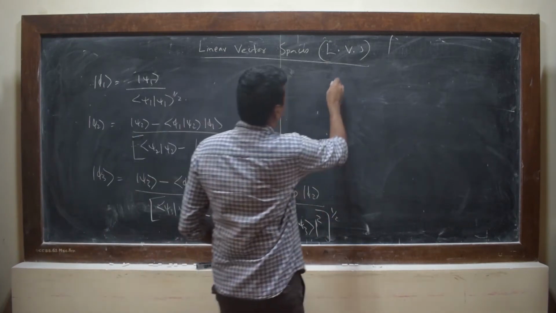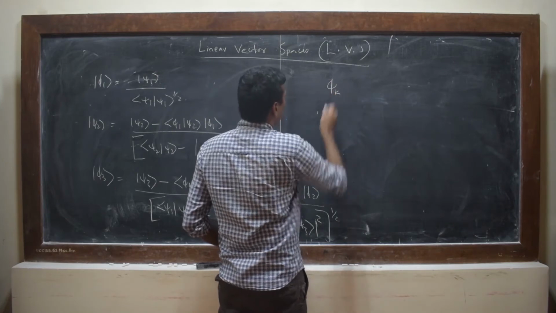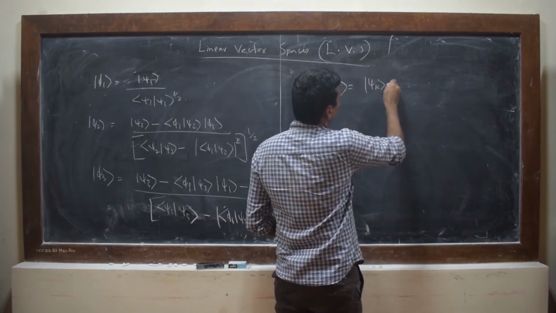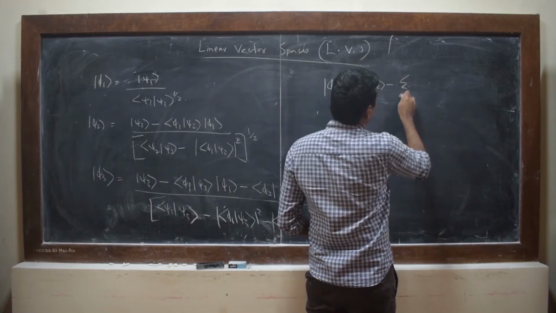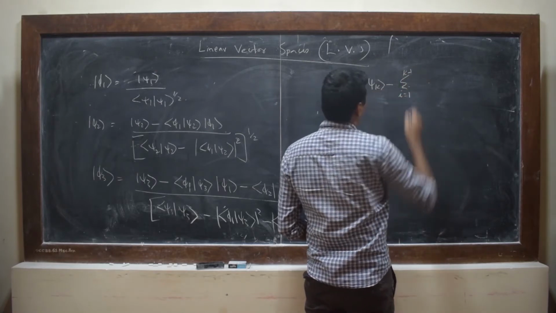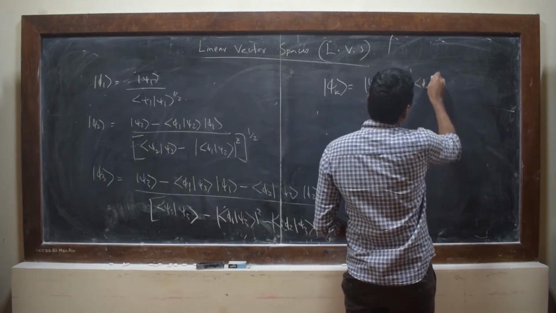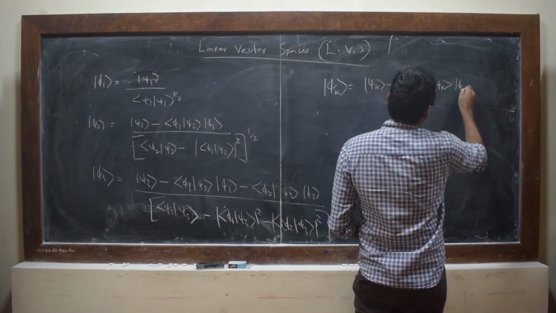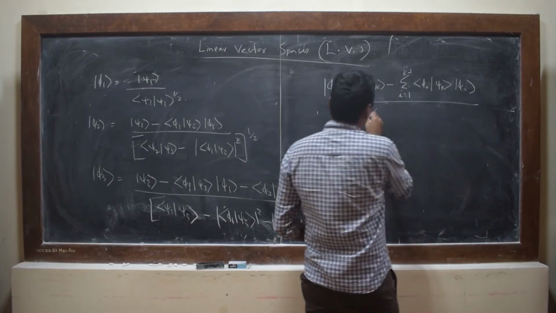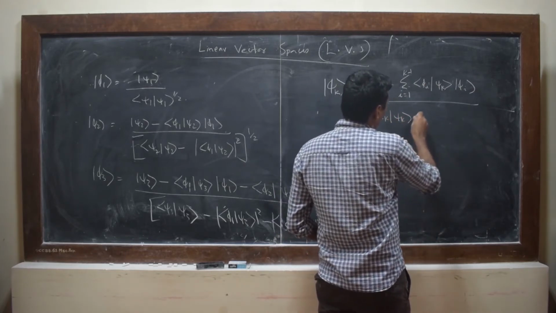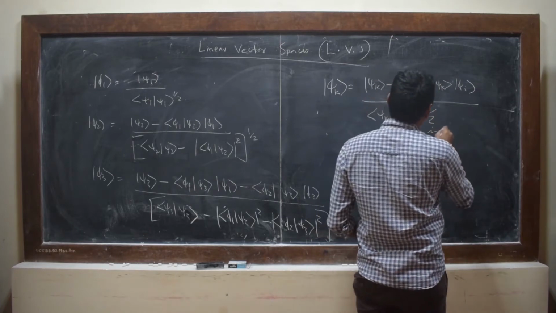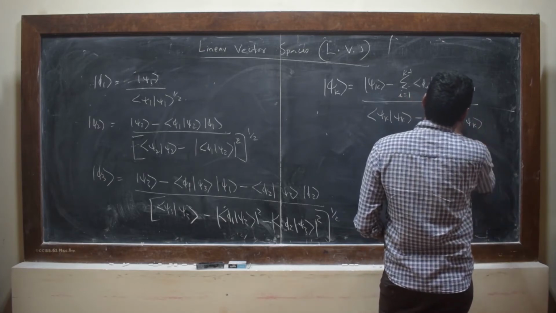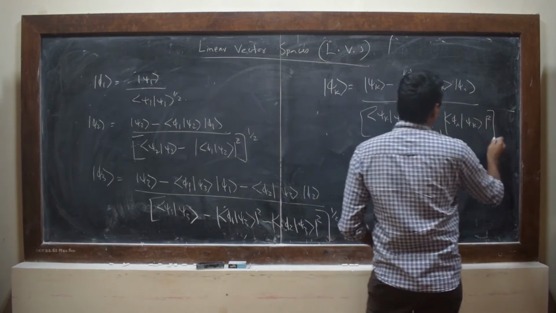Or you can in general write phi k as psi k minus summation i equal to 1 to k minus 1 of ⟨phi i|psi k⟩ phi i divided by ⟨psi k|psi k⟩ minus summation i equal to 1 to k minus 1 of |⟨phi i|psi k⟩|² all raised to half.